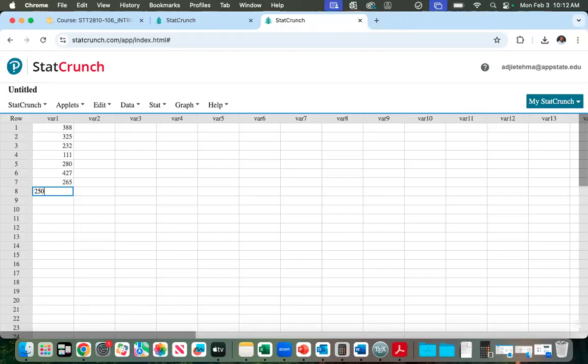Now, on entry, you just need to make sure that you're entering the right numbers, because if you don't enter the right numbers, your output would be incorrect. Is that okay? So make sure that you double check the numbers you're entering.